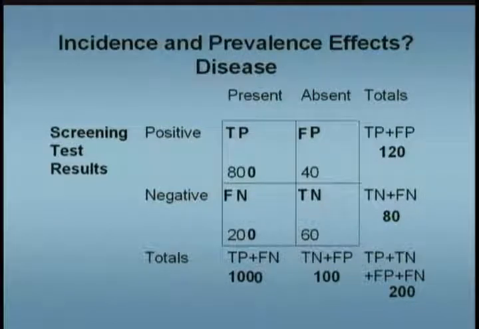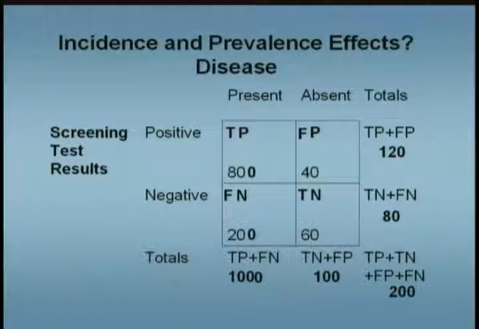See, the numbers change, but the ratio is constant. You're still going to end up at 80%, even though the prevalence has gotten larger. Why? Because all you've done is take 80% of a larger base. That 80% stays constant. It's just the base that is shifted. The ratio stays constant, even though the number of diseased people may increase or decrease.